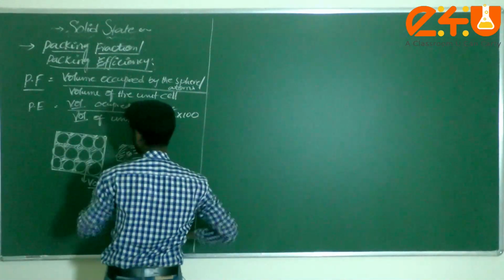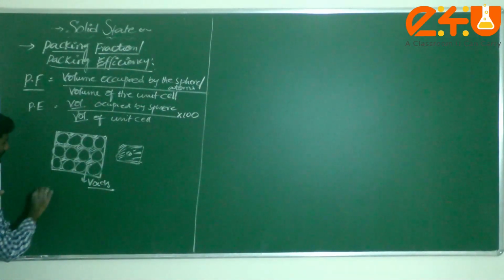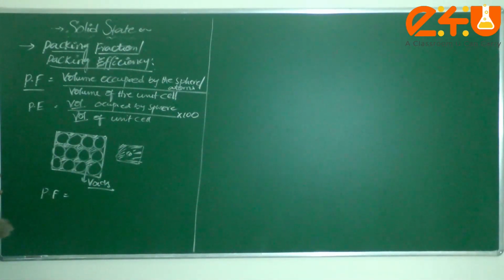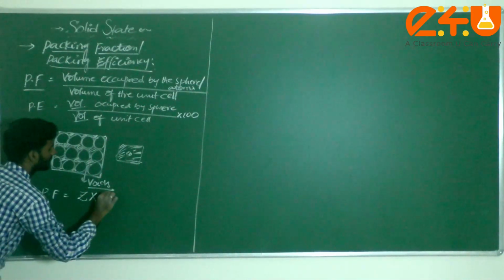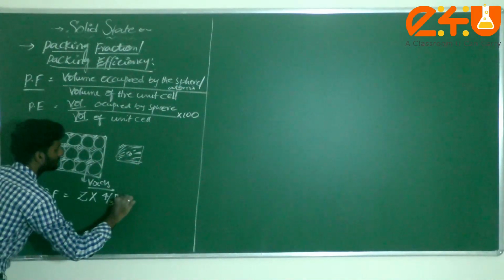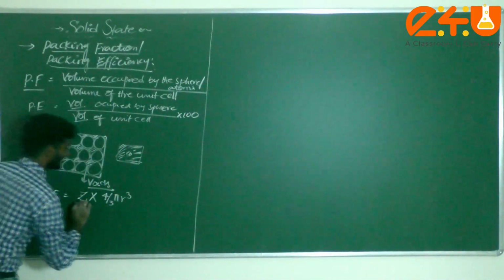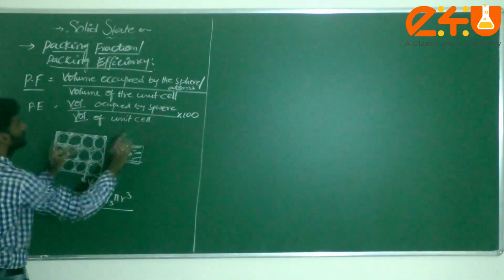The packing fraction is equal to Z into the volume of the sphere, 4/3 pi r cube, divided by the total volume of the unit cell.